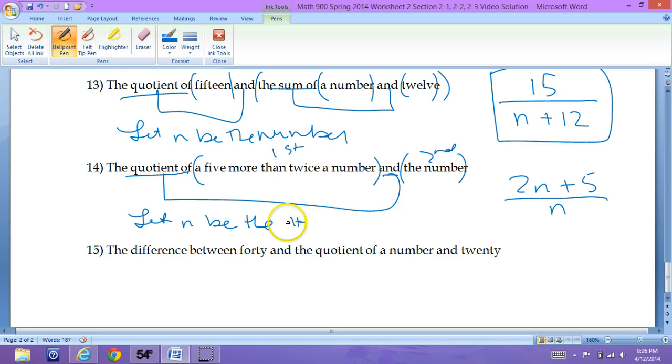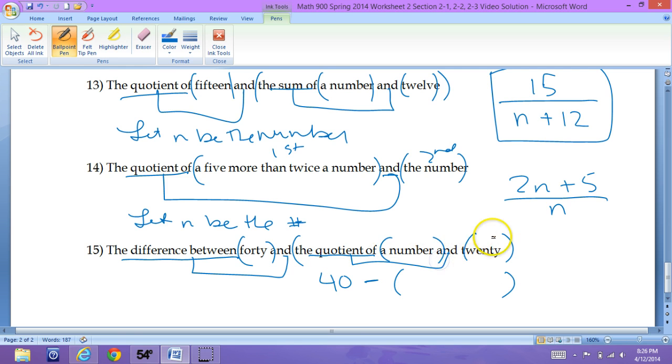The difference between what? The difference between something and something. The difference between 40 and a bunch of other stuff. Remember, difference reads left to right. So the 40 is going to be the first term, and then there's this difference, and then there's stuff. What's the stuff? The quotient of what and what? A number and 20.